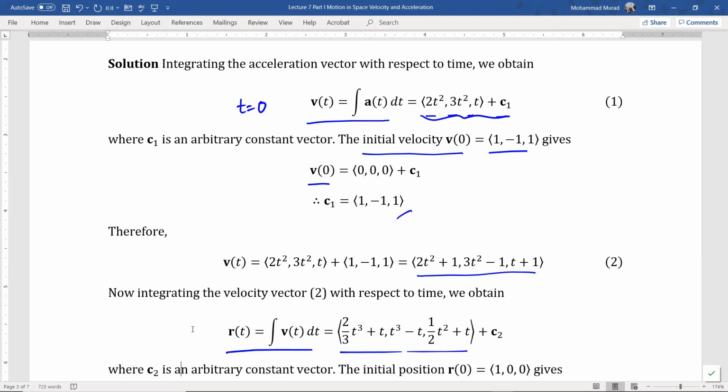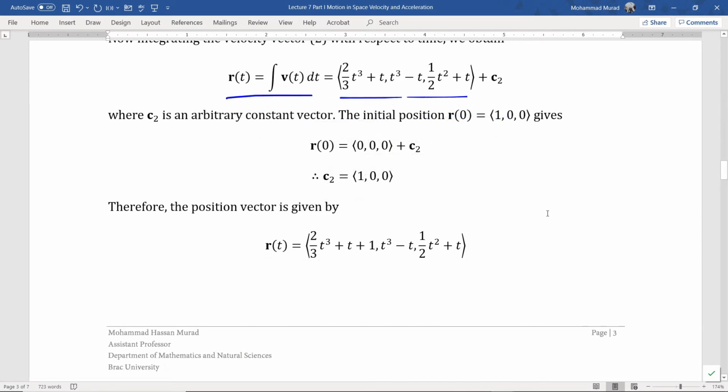And this gives the constant vector c2 as the vector with components 1, 0, 0. Therefore, the position vector is given by the vector with components shown here. The problem is now completely solved.